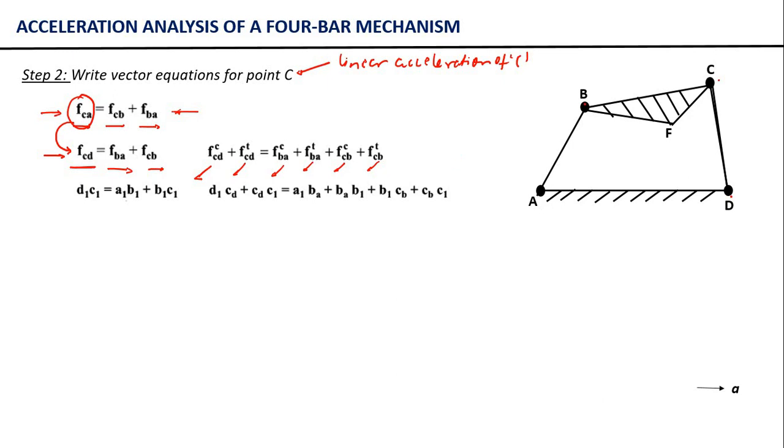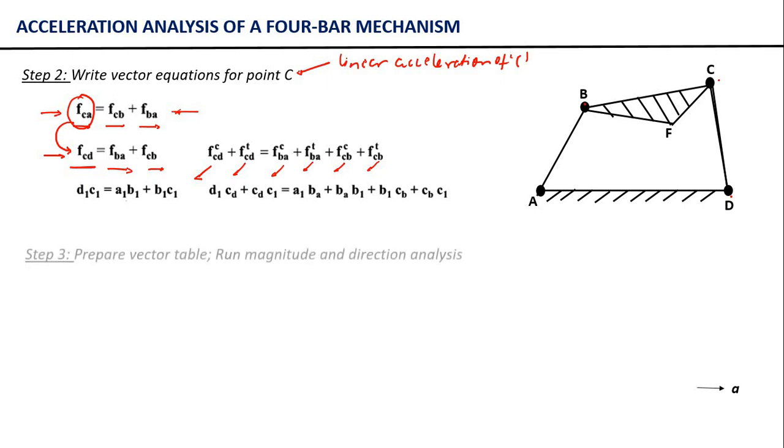However, once you become habitual, once you have a good amount of practice, then you can ignore writing down the vector equations, and directly mark the vectors which are known and unknown and start with the acceleration vector diagram. But initially it is suggested that you use this approach to draw the acceleration vector diagram.